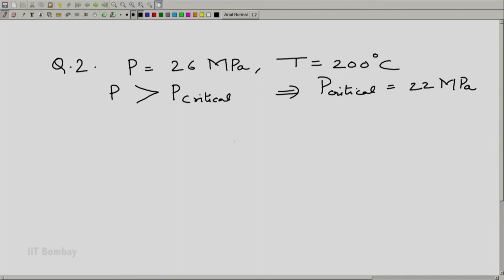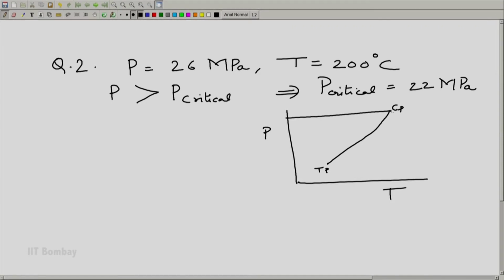Now if I just draw the diagram on a PT diagram, this is my LV line, let us say from TP to CP, and corresponding to this CP point we have 373 degree centigrade approximately, and this is 22 MPa. Because P is more than P critical and T of 200 degree centigrade is less than T critical.